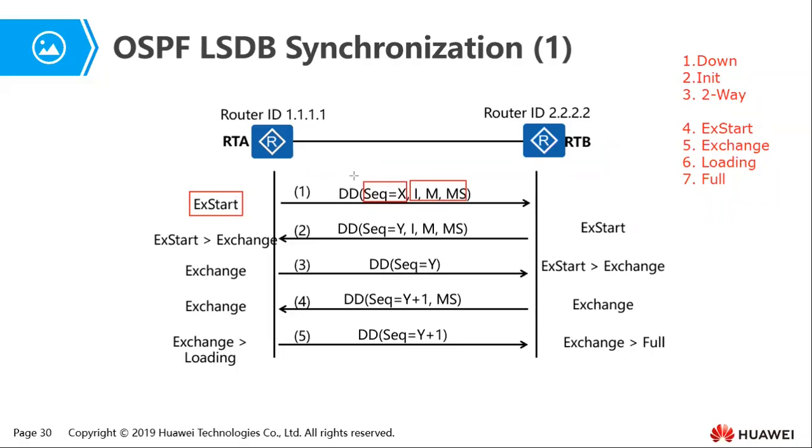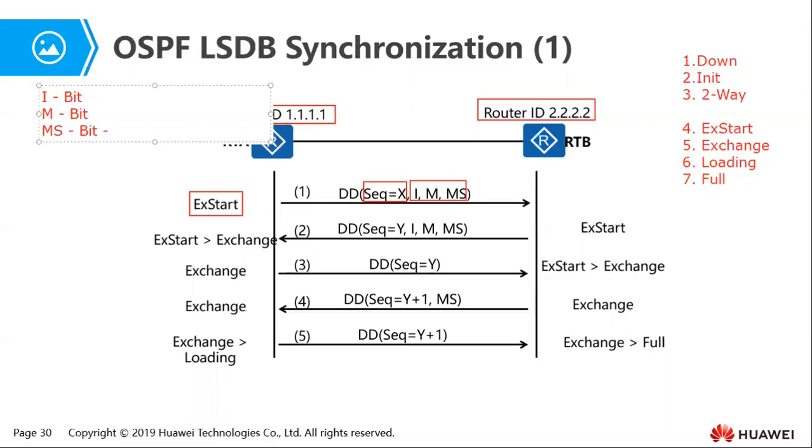So when you talk of a master and slave relationship, how is that achieved? Let me highlight this. We have the router ID. Whichever router has the largest router ID becomes the master. Now, we have those three bits: the I bit, the M bit, and the MS bit.